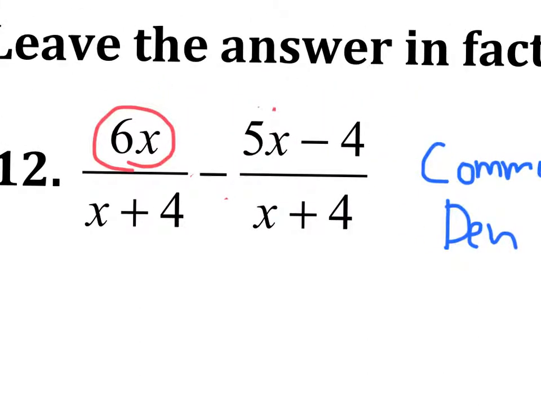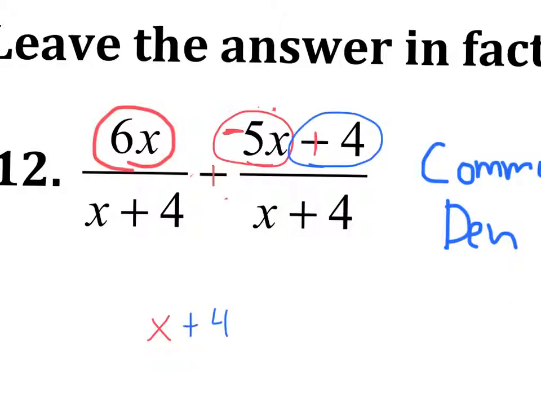I am just going to make that a plus, oppositify everything across. Then I can combine my like terms. The 6x minus the 5x gives me a simple 1x. Positive 4 stays positive 4. And notice what is left over the denominator, which is x plus 4.